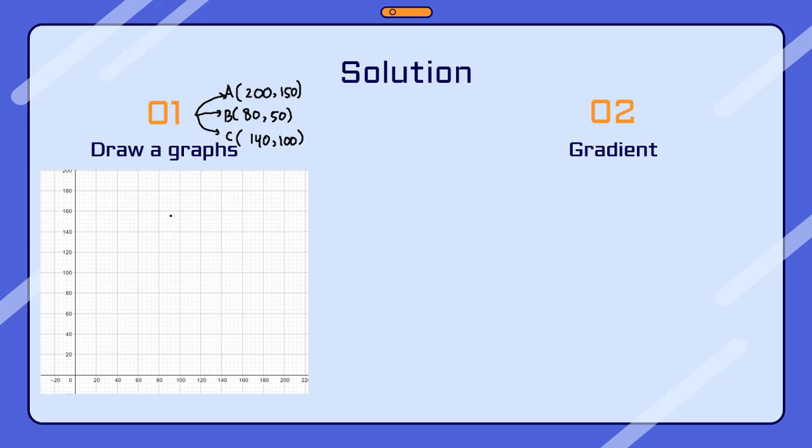Now we have to plot all the ordered pairs on the Cartesian coordinate plane. So we'll plot over here for point A. And we will plot point B, (80, 50), over here.